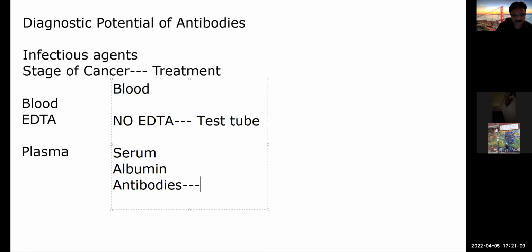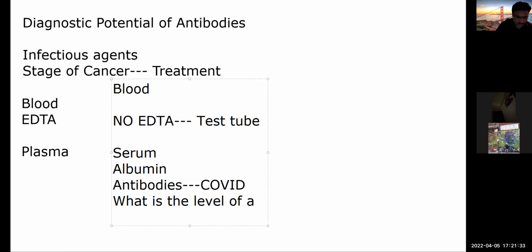Even if I had infection, I never came to know about it because I was healthy. So the only way we can know is to check whether we have antibodies to COVID or not. Or if I had infection, what is the level of antibodies I have? If I have a good amount of antibodies, then maybe I'll be protected next time.